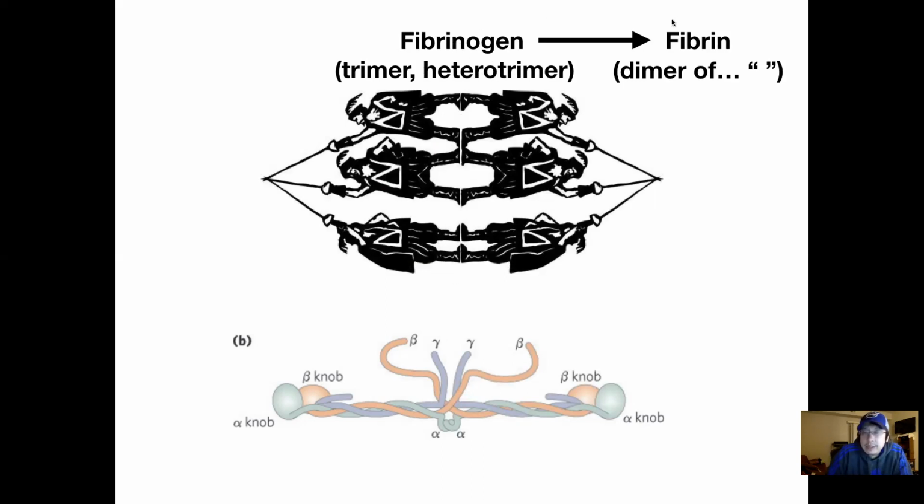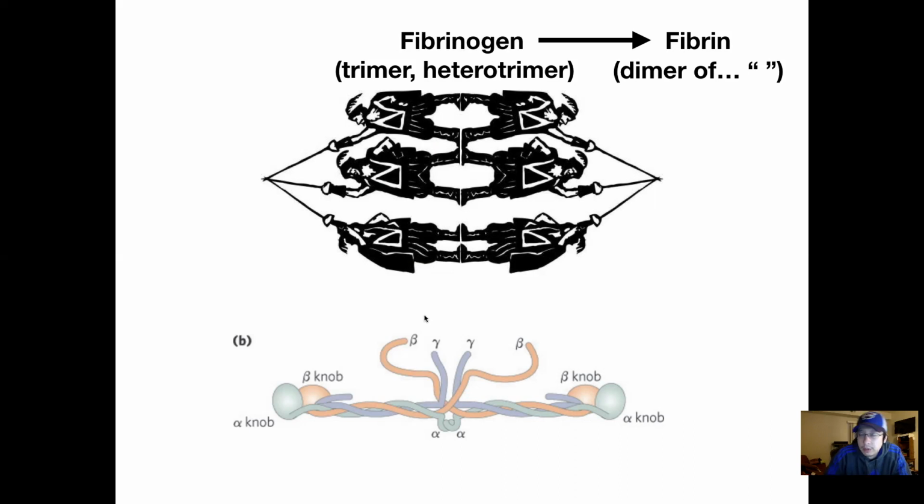Fibrinogen versus fibrin. Fibrin refers to when we cleave off 2 parts of, I believe it's beta and gamma. You'll double check me. You cleave off 2 little parts of fibrinogen, and now it is fibrin.